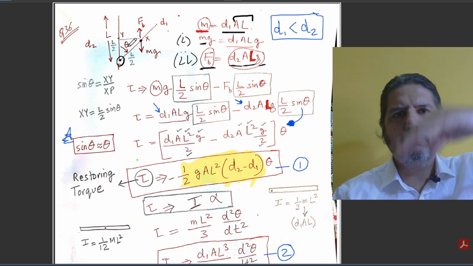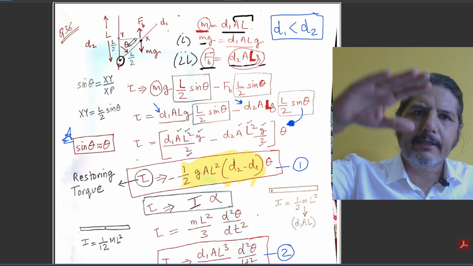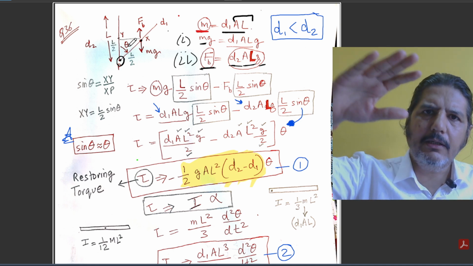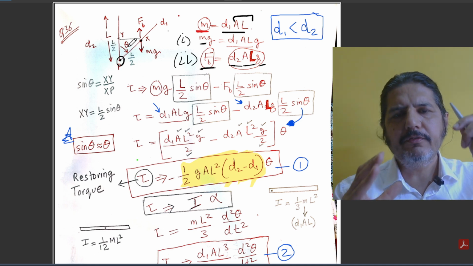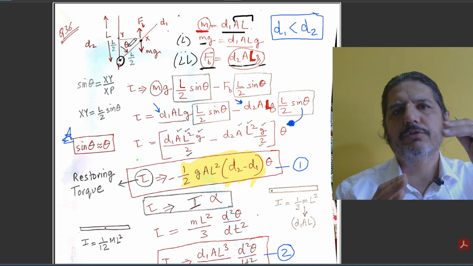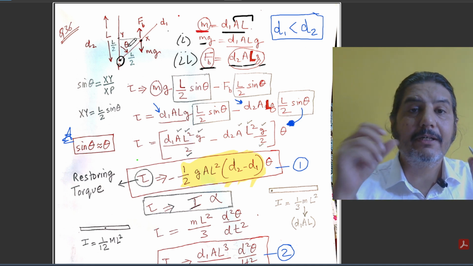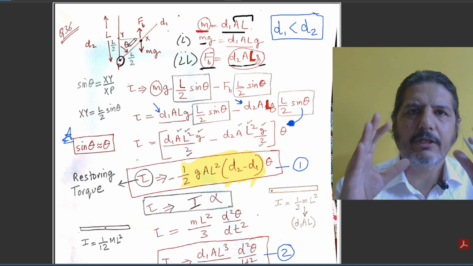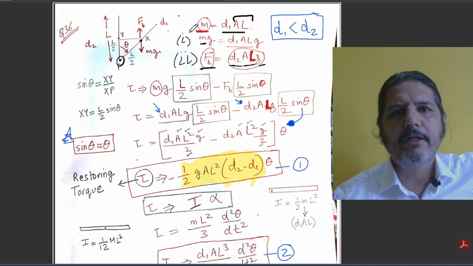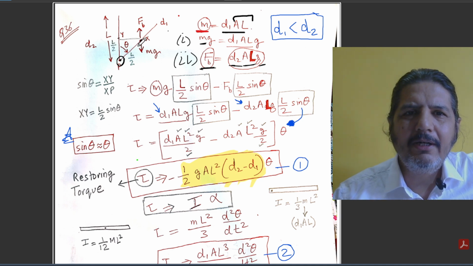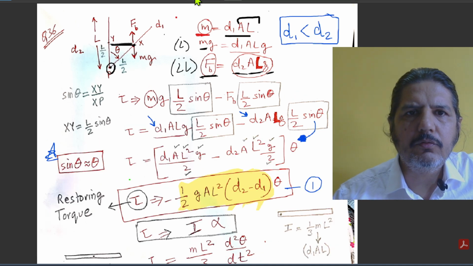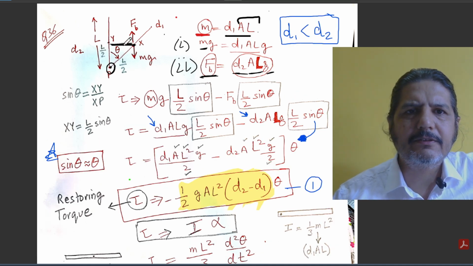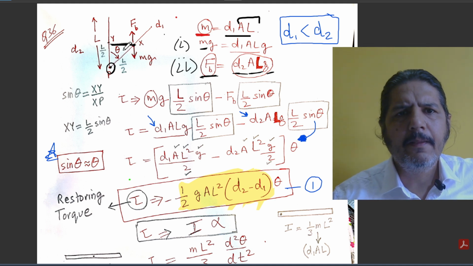The difference of these two moments of forces would give us the net torque on the rod. So for calculating that, what I need to calculate is this distance XY. Let me zoom in. Yeah, so this distance XY, how do I calculate it?